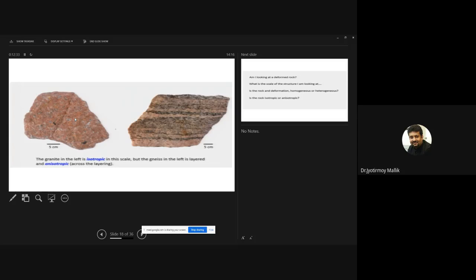What is that mineral? Someone has to tell me. What is the basic composition of granite? What does it contain? Come on.